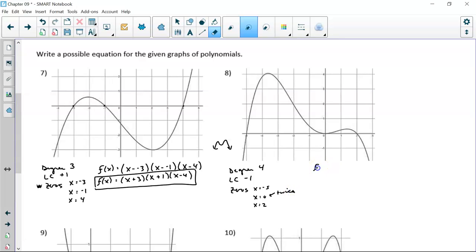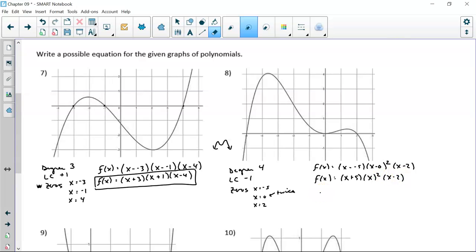So we write this polynomial, f of x equals x minus negative 5, x minus 0, and because it's repeated, we're going to square it, and then x minus 2. So f of x equals x plus 5, x squared, and then x minus 2.